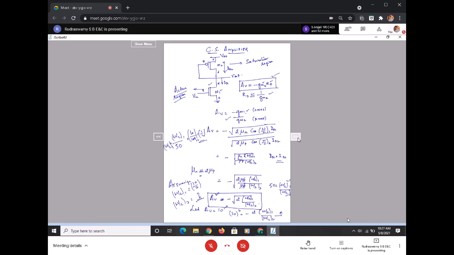Typically, I can assume 10, 20, or 30. Assuming that, you assume your W by L of NMOS transistor, 20 by 2 or 10 by 2. Then correspondingly you will get the width to length ratio of the PMOS transistor.